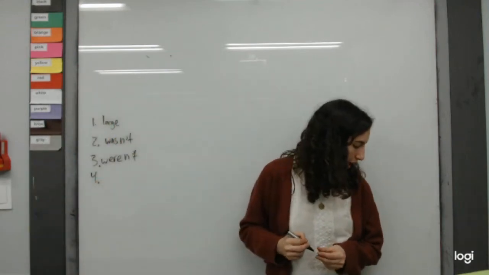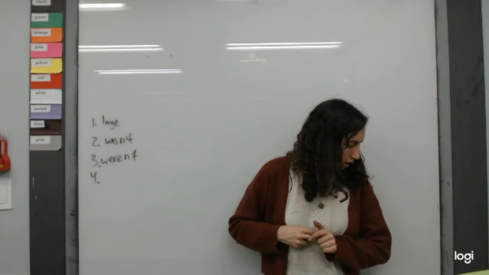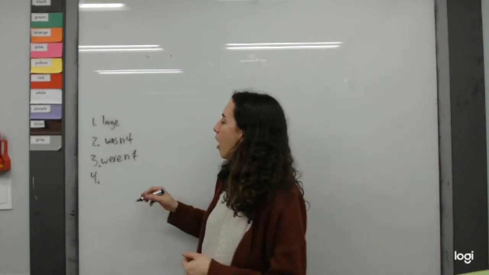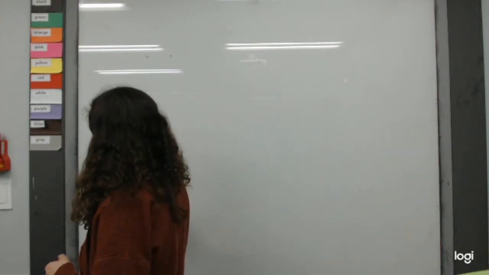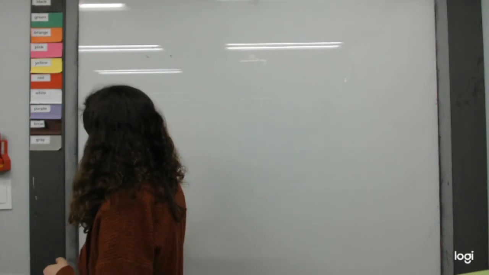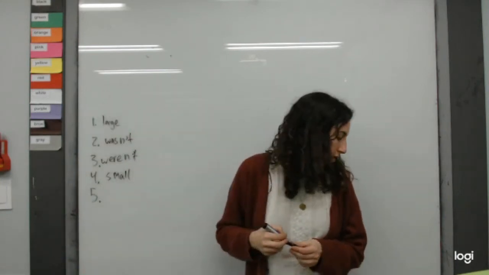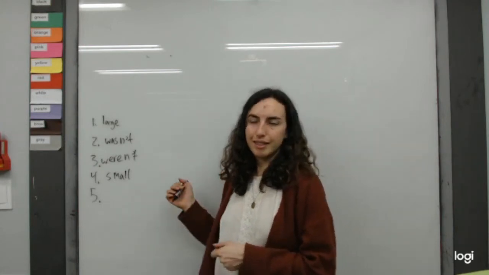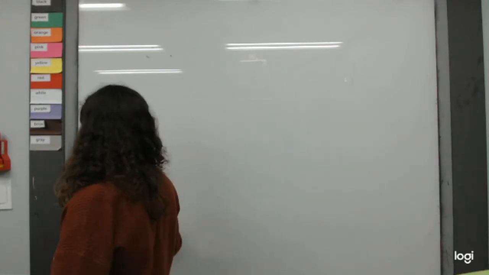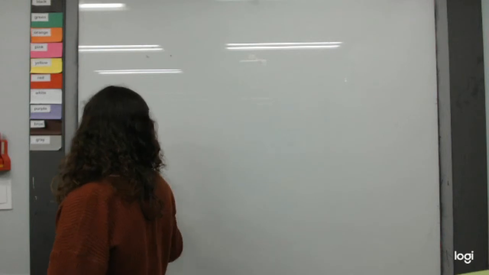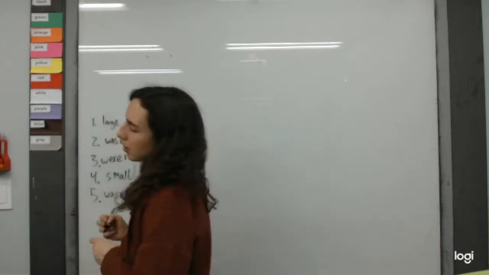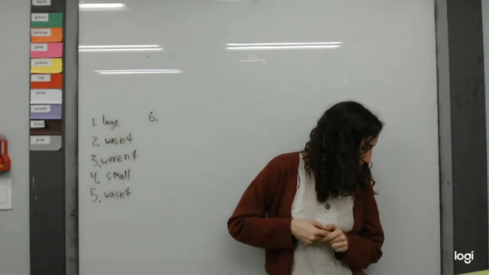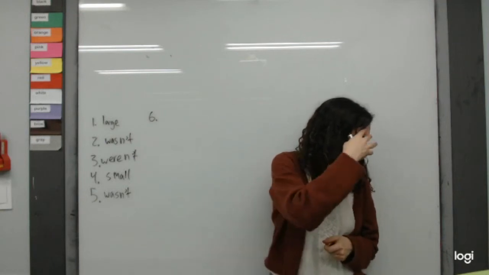Number 4, the dodo had small wings. We can see in the picture, the dodo's wings were small. Number 5, the dodo wasn't fast. The dodo was slow, so it wasn't fast. Number 6, the dodo was larger than a turkey.